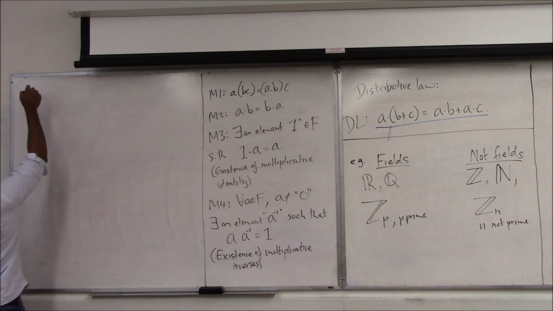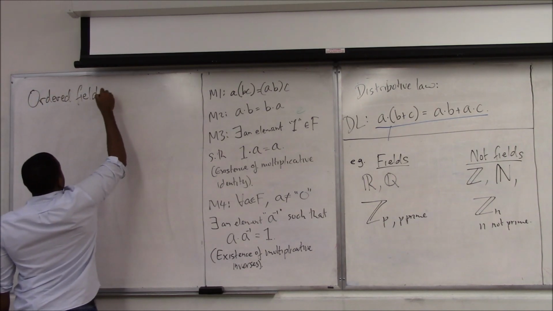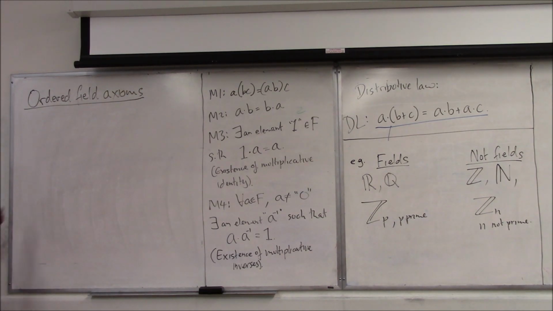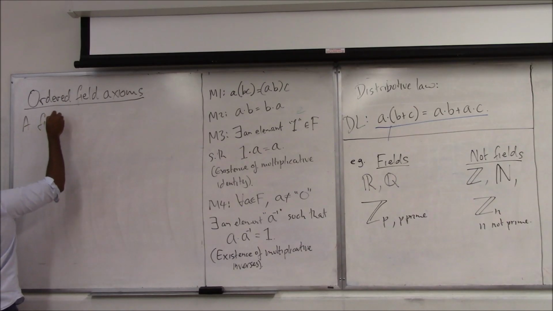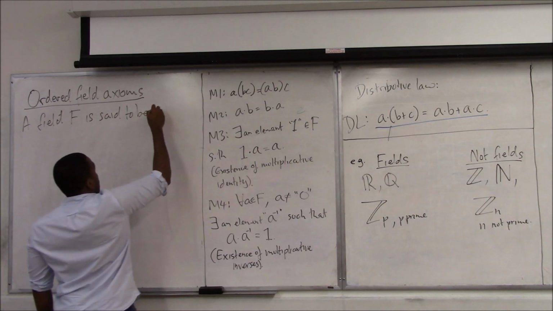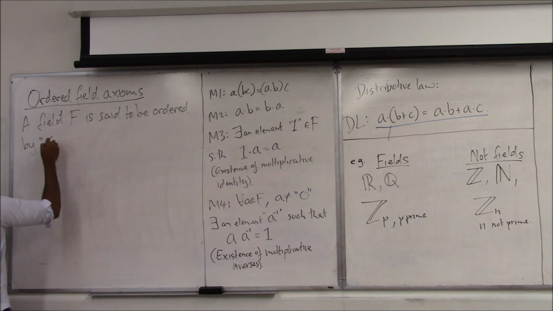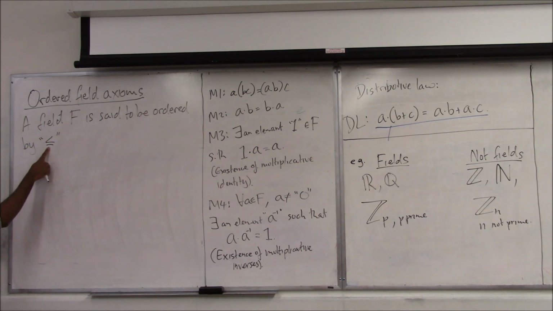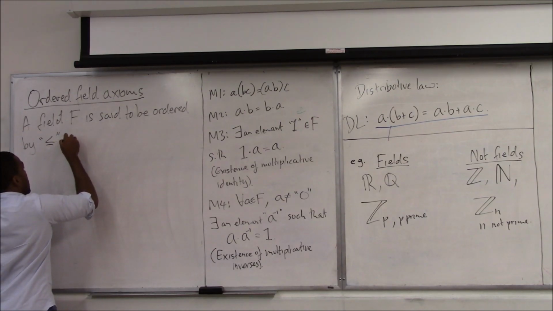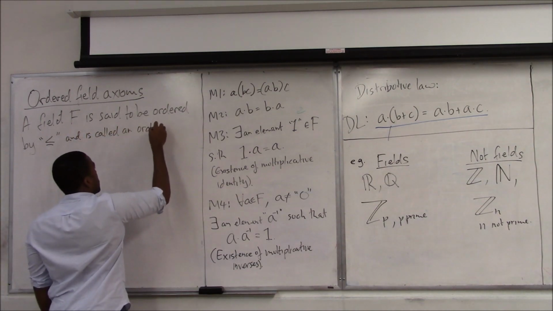Let's talk about the ordered field axioms. A field F is said to be ordered by a symbol, and that symbol can change depending on what rules you're giving to this order, and is called an ordered field.